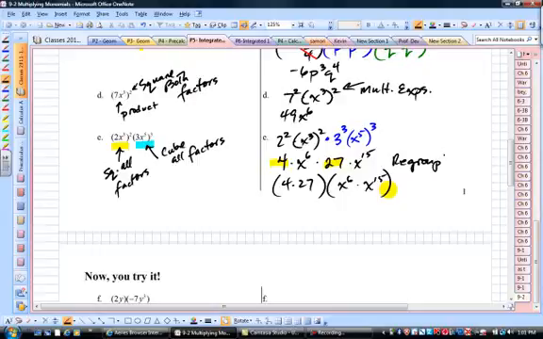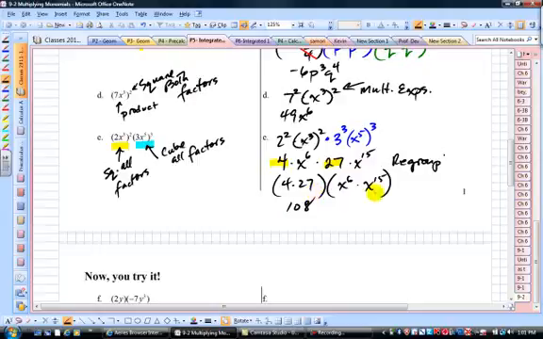Switching the order doesn't affect the product. 4 times 27 is 4 times 20 plus 4 times 7. 108. In my mind I go 4 times 20 is 80, 4 times 7 is 28, and then 80 plus 20 plus 8 gives 108. Does anybody else do it like that in their mind? There's quite a few people out there.